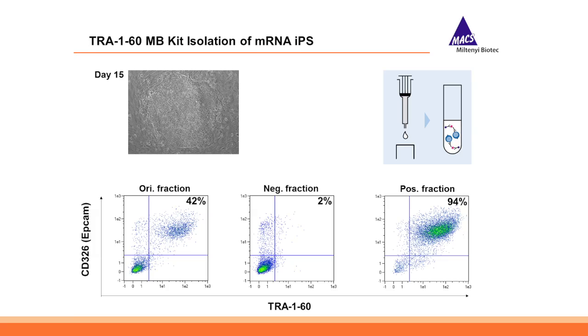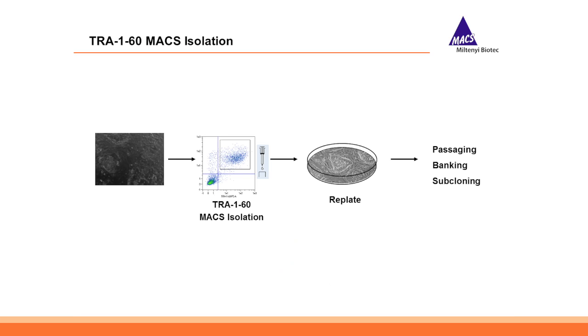And here we analyzed how many pluripotent cells are still in this fraction, and we saw there's just a very small loss of cells of 2%. And if we then analyze the positive fraction, we see that the cells are pretty much enriched to a value of 94%. So these enriched cells you can then later on use to replate, and then you can start with a much higher cell number, which will speed up the experiments dramatically.